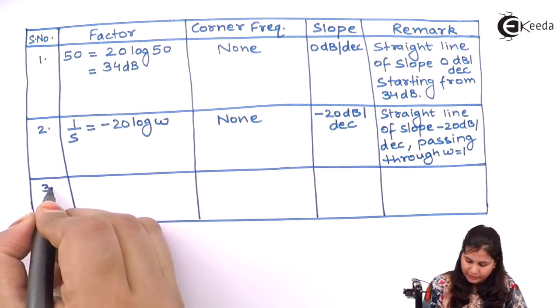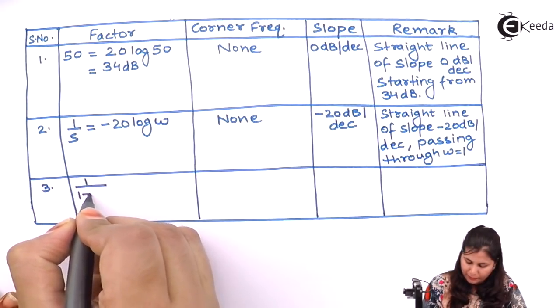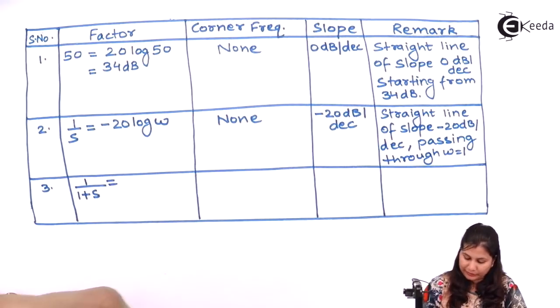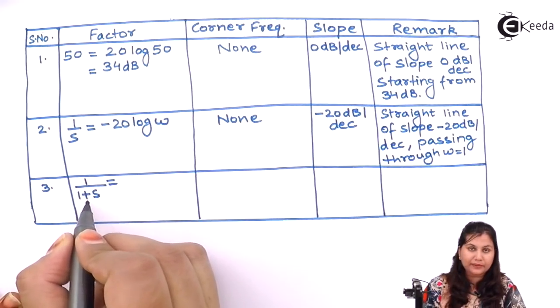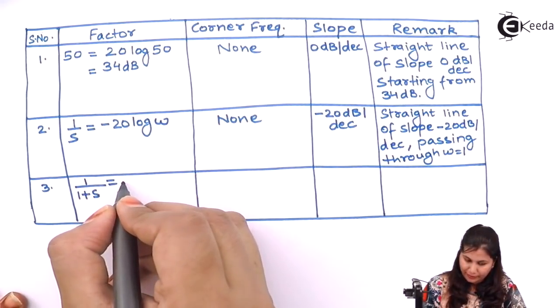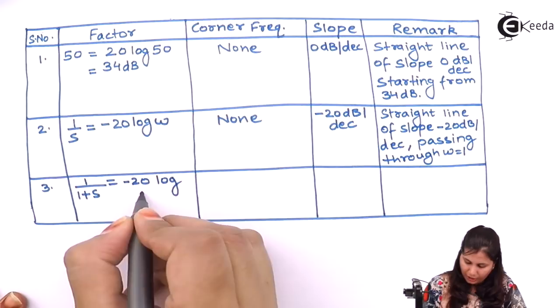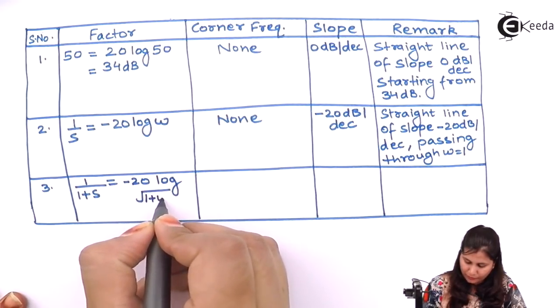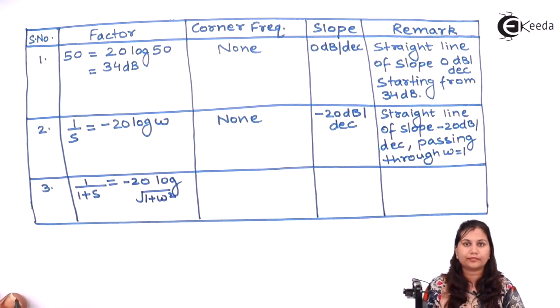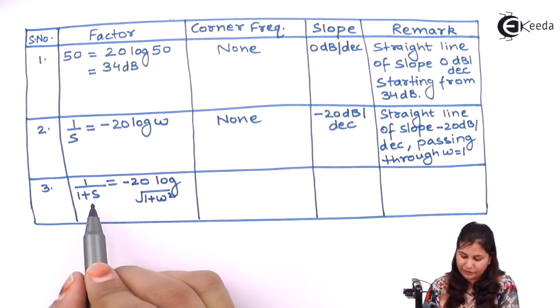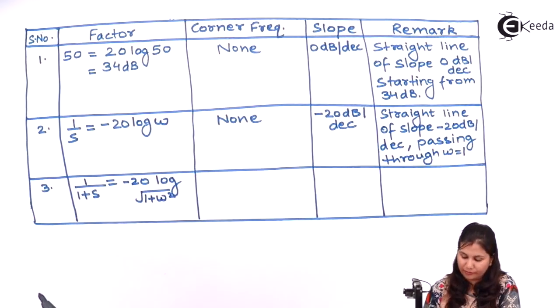Third factor is 1 upon 1 plus s. It can be written as 1 upon 1 plus j omega, and its magnitude will be minus 20 log under root of 1 plus omega square. Here the real part is 1 and the imaginary part is s, that is j omega.